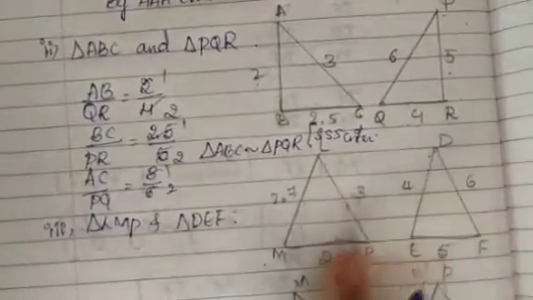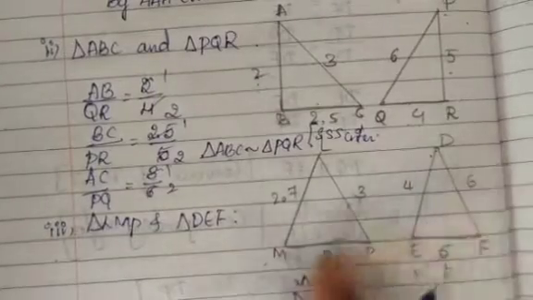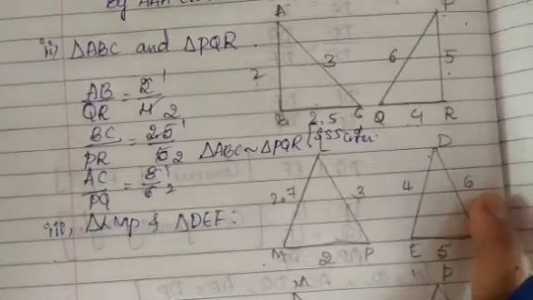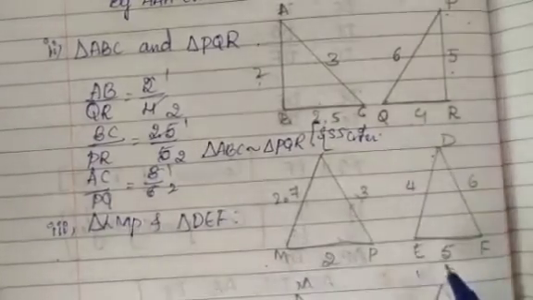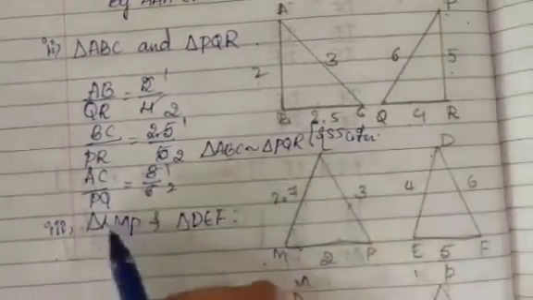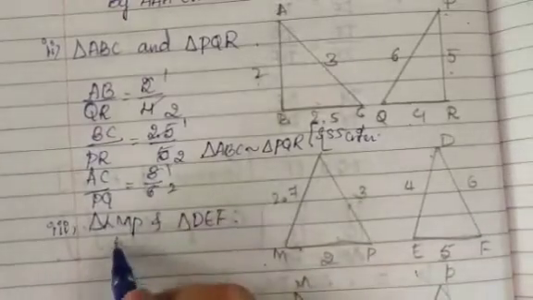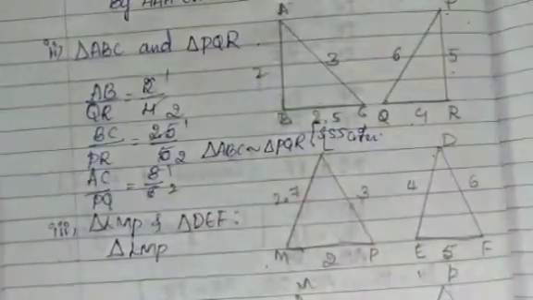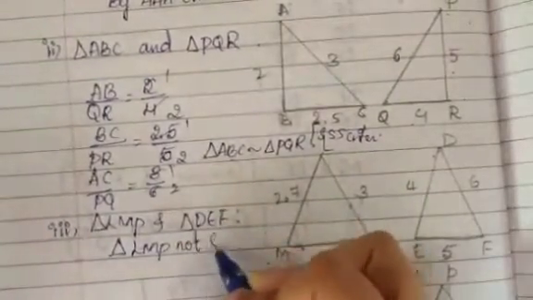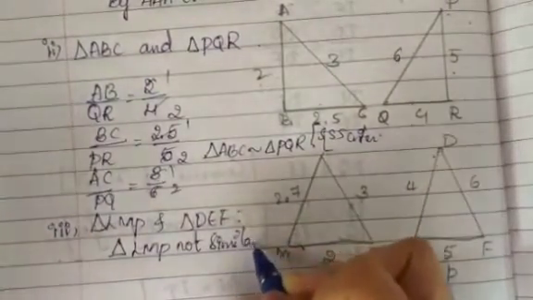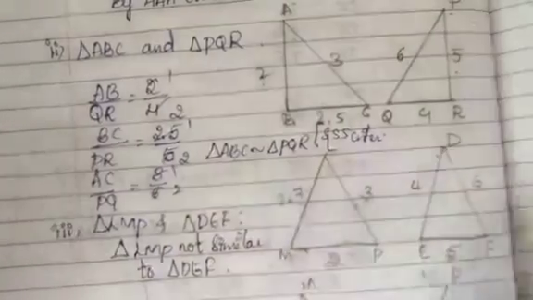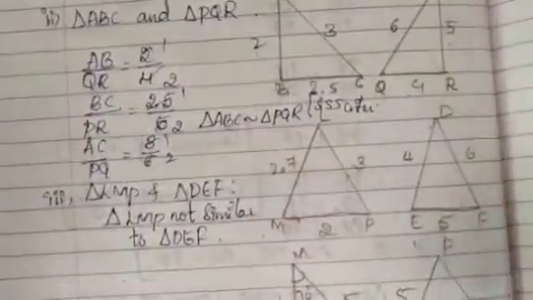If I do 2 and 4, I'll get 1 by 2. 3 and 6 ratio, I'll get 1 by 2. But what about 2.7 and 5? I won't get it. So you can write that also: triangle LMP is not similar to triangle DEF, because those ratios are not the same here.